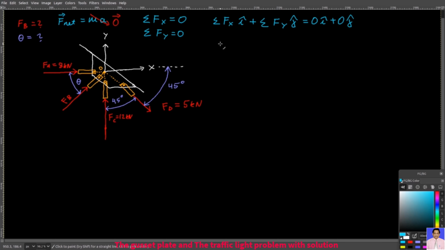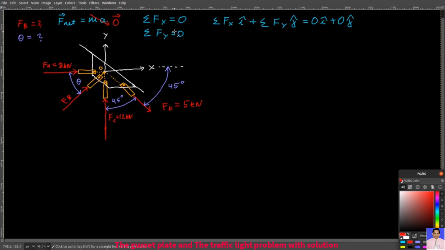So this concept is called the equilibrium of a particle. And the main idea behind that is exactly this. All the force vectors that are applied to an object, if you sum them all up, then the net force vector must be a zero vector.